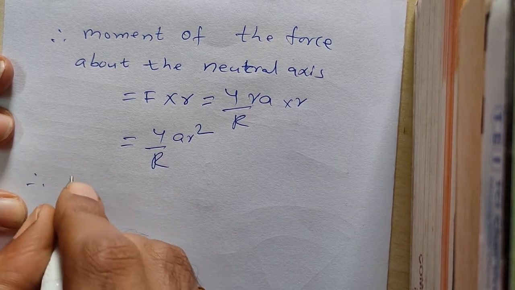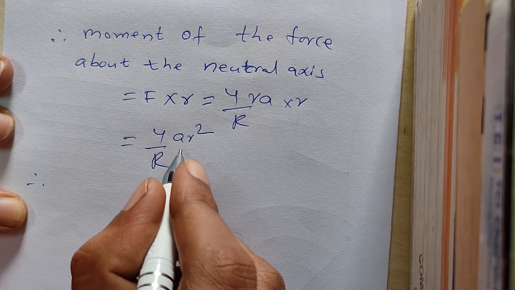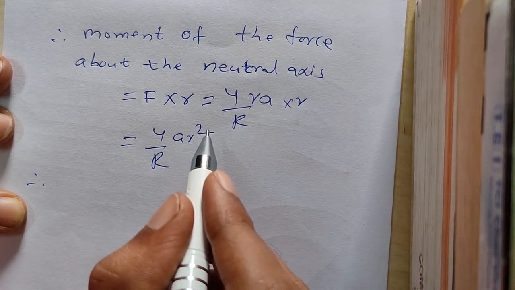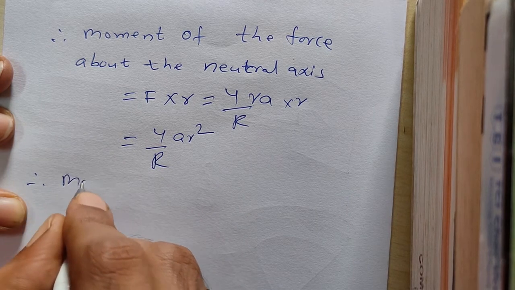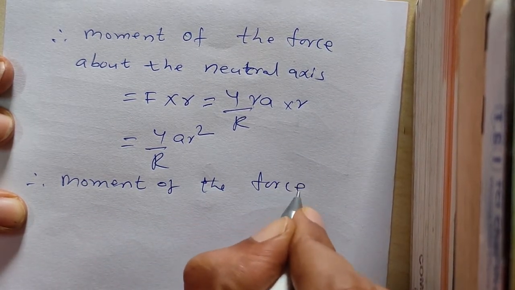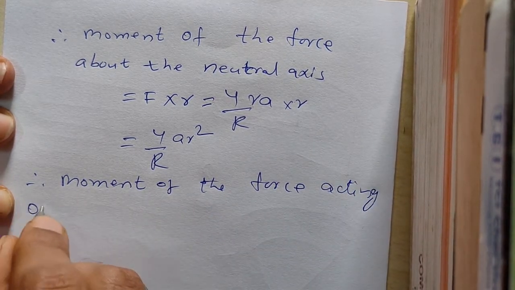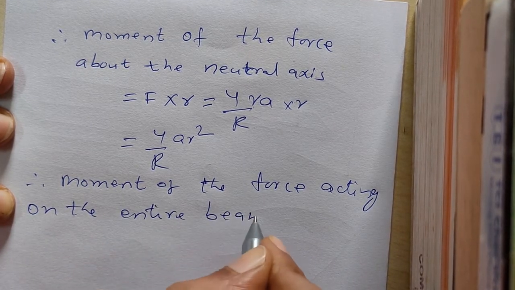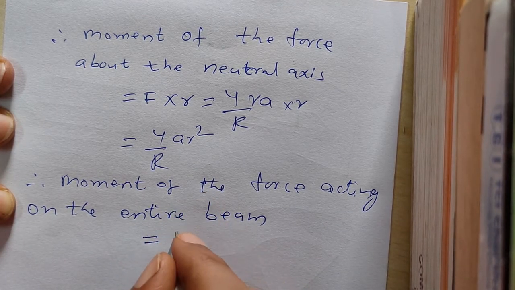Therefore, what we have calculated is the moment of the force for a single filament, A'B' or AB. Now the moment of the force acting on the entire beam: to find this, we have to find the summation.